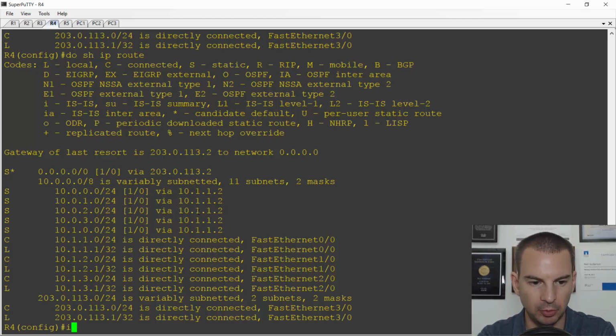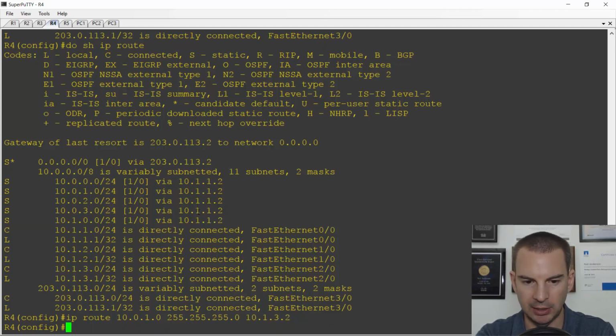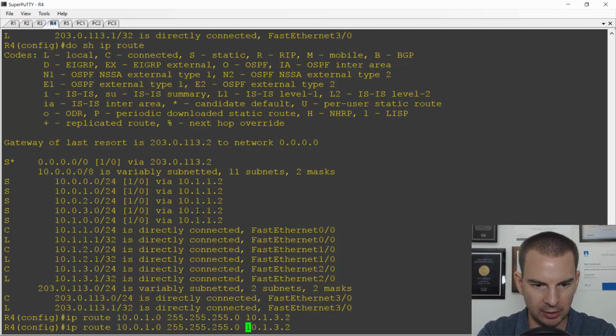So let's add a couple of routes here. So IP route to 10.0.1.0, 255.255.255.0, and I'll send this via R5 at 10.1.3.2, and I'll do the same also for the 10.0.2 network.